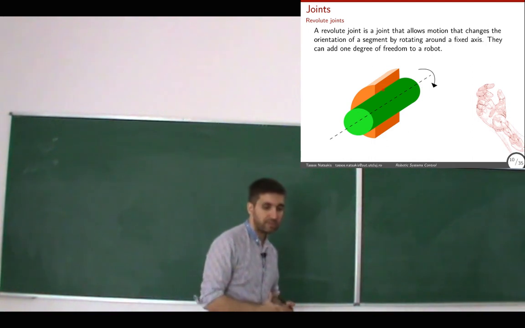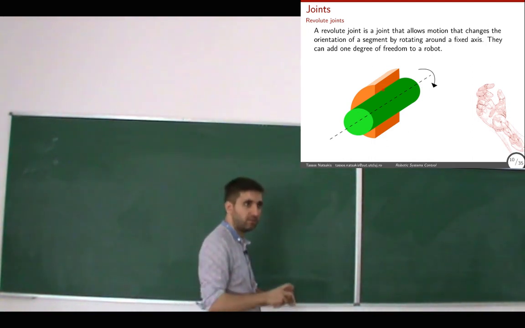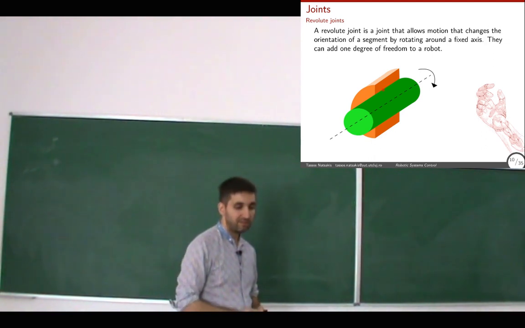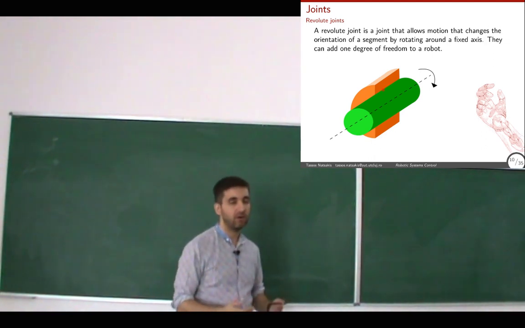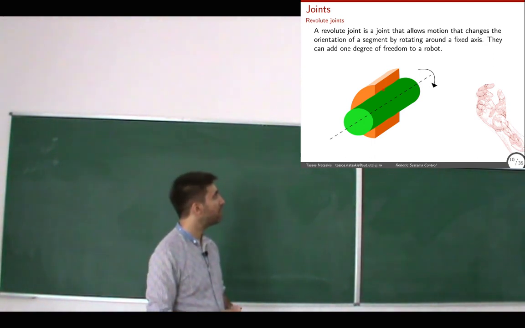So we mainly see two types of joints in robotics. The first type of joint is called the revolute joint.